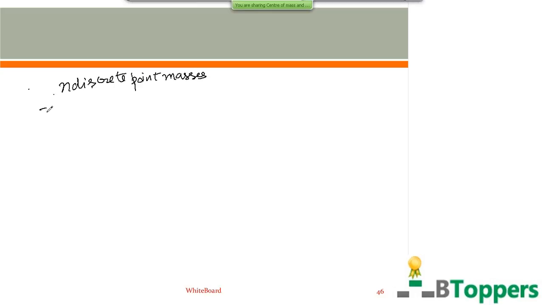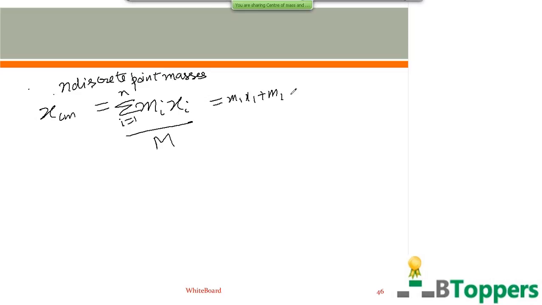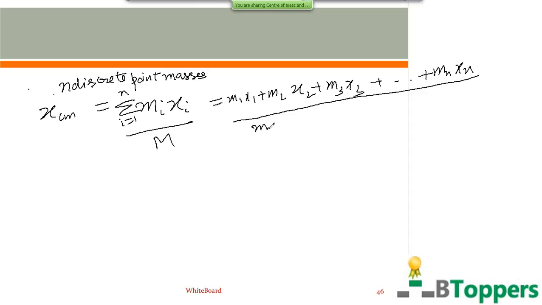The x coordinate of the center of mass of the system of n discrete point masses, we write as sigma m_i x_i, where i varies from 1 to n, divided by capital M, or we write it as m1 x1 plus m2 x2 plus m3 x3 etc. up to mn xn, divided by capital M, which represents the sum of the masses of all the n particles of the system.